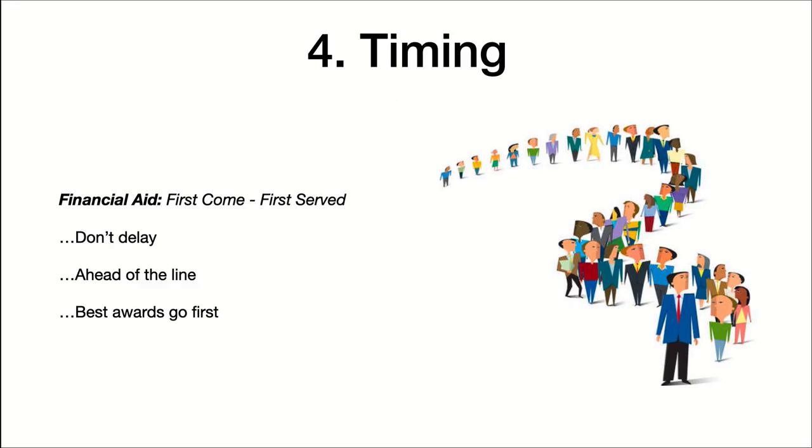Number 4. Timing is very, very important in financial aid forms because most colleges award financial aid on a first-come, first-served basis, especially the best debt-free financial aid. So don't delay and get your forms submitted as early as possible. Now, here are some important dates you should keep in mind. Both financial aid forms become available on October 1st when your kids are seniors in high school.